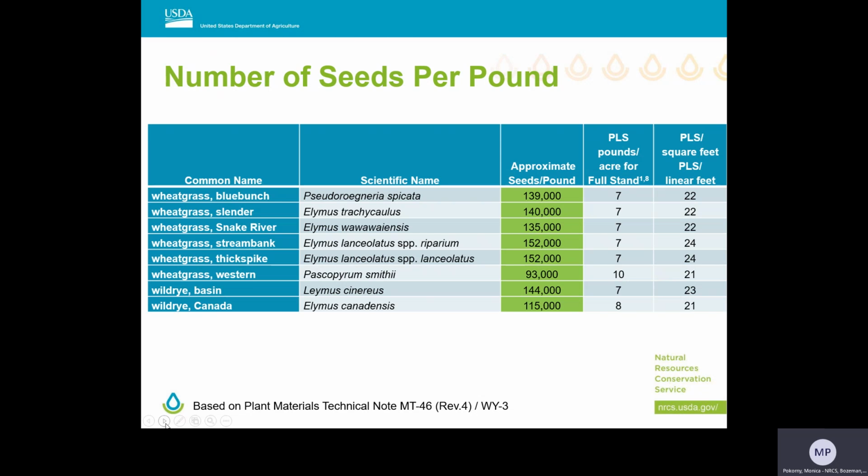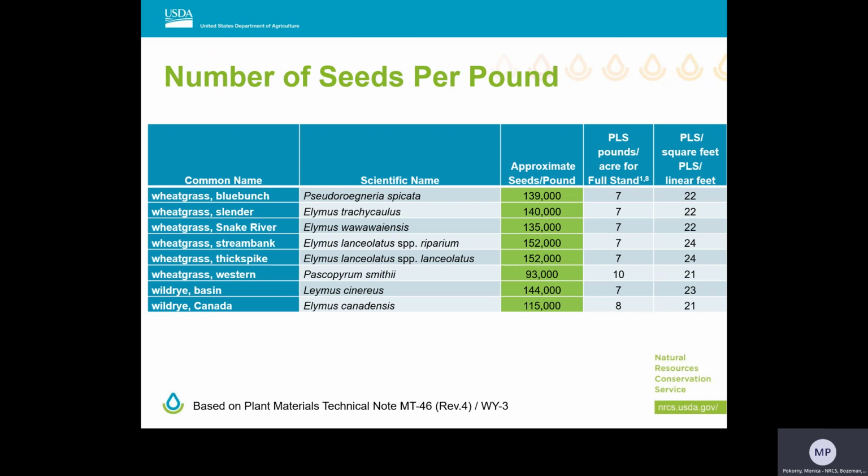This table is from one of our technical notes. You can find it in Plant Materials Technical Note MT46 or Wyoming 3. It provides, for common species used in conservation plantings, the number of seeds per pound of those species. I just want to note that the actual number of seeds per pound of any species is an estimate.